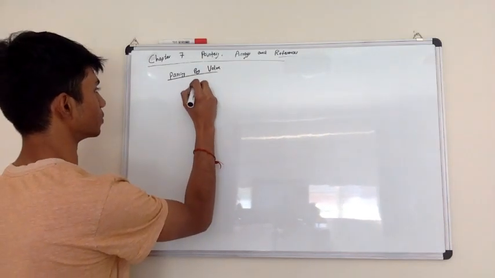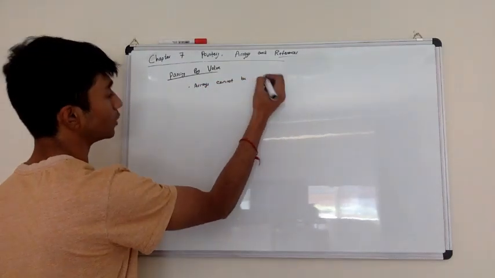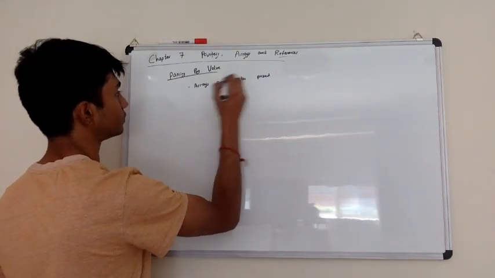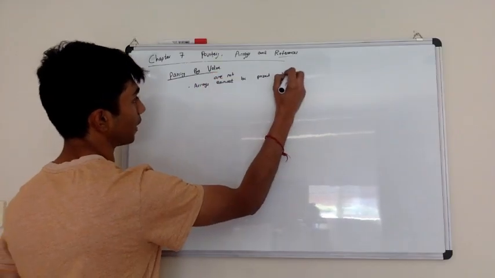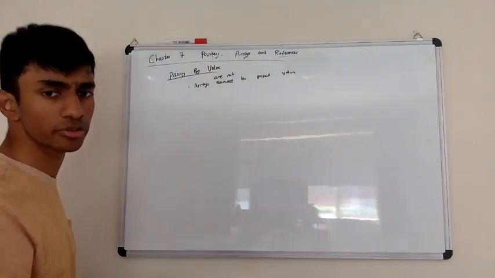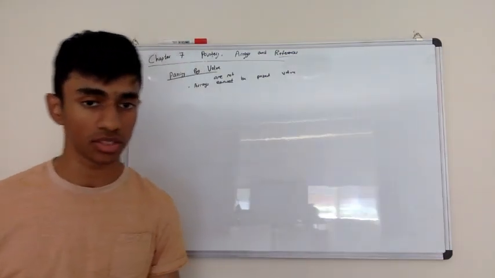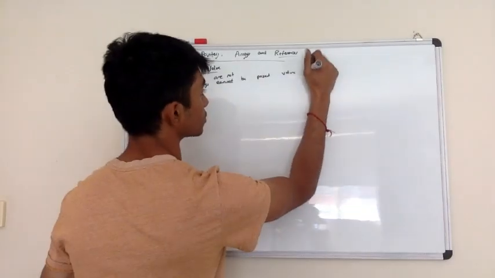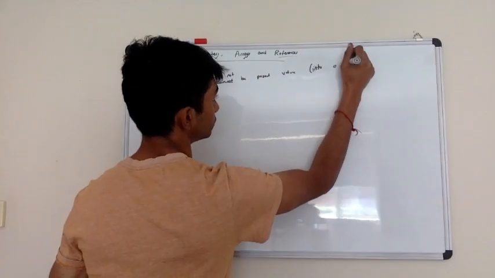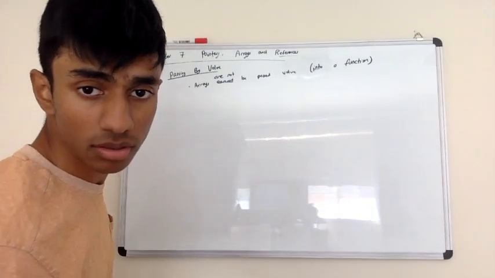Arrays cannot be passed, or are not passed, by value. And this idea of passing is usually in the context of functions. When you want to pass an array or some variable into a function, arrays specifically are not passed by value into a function.